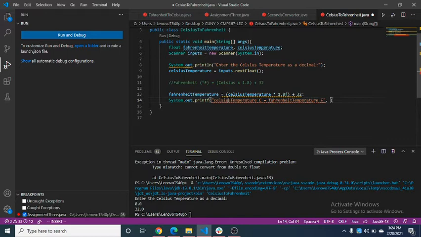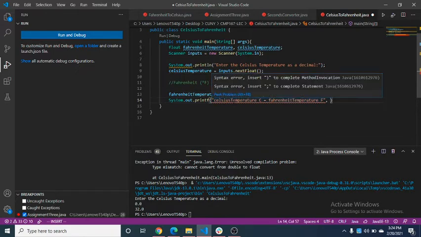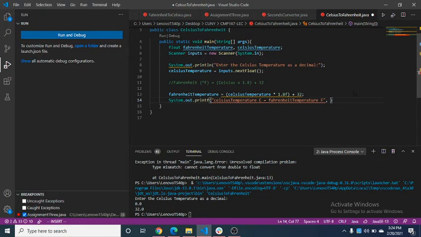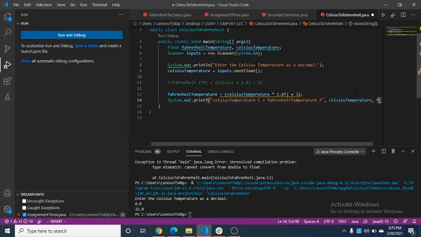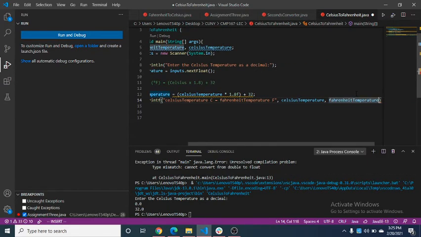We're going to use format specifiers instead. But we know this is how the variables should look on the other side for the next arguments for the printf statement. So we could fill them in: Celsius temperature and Fahrenheit temperature. And then we could do the format specifier. So we clear this out so we could replace that with the actual values. And she wants them to 1 decimal place.